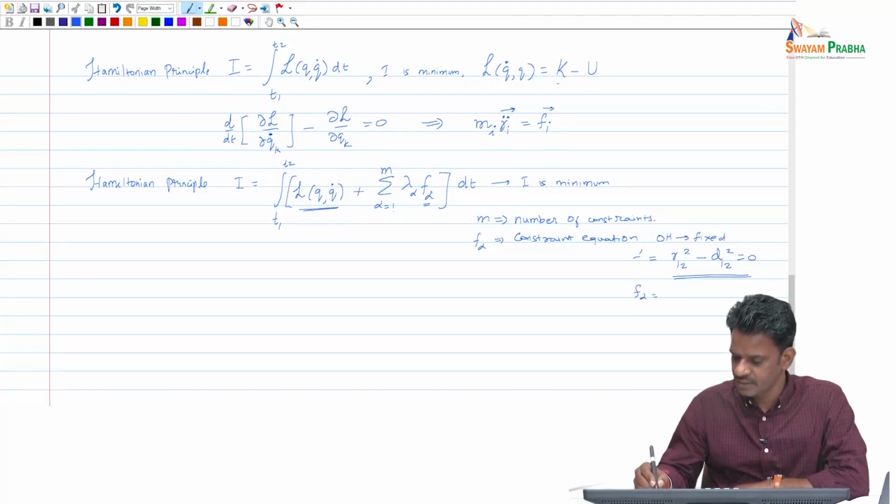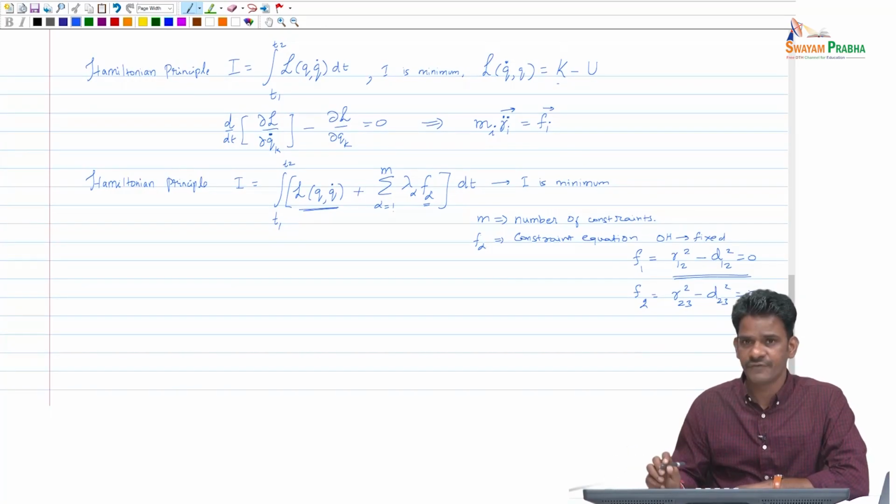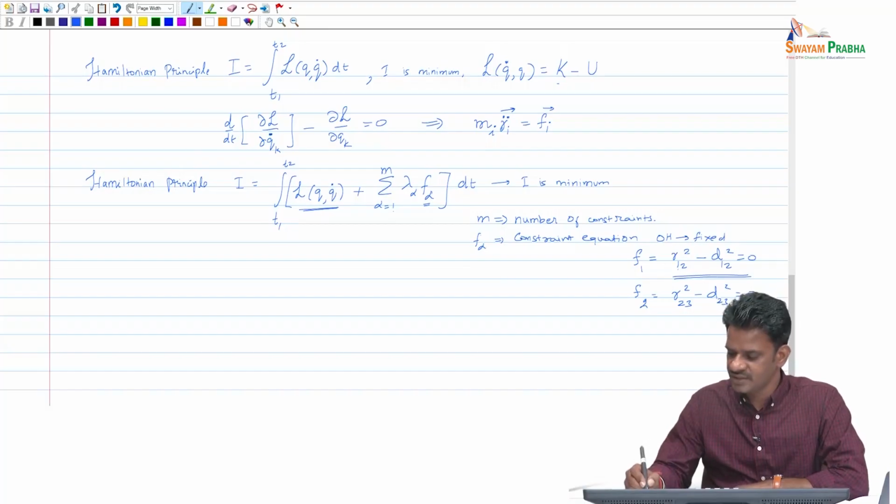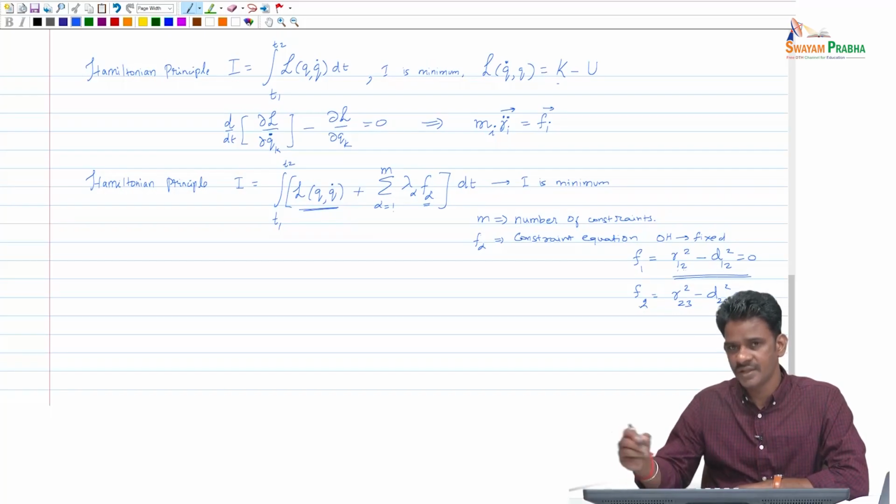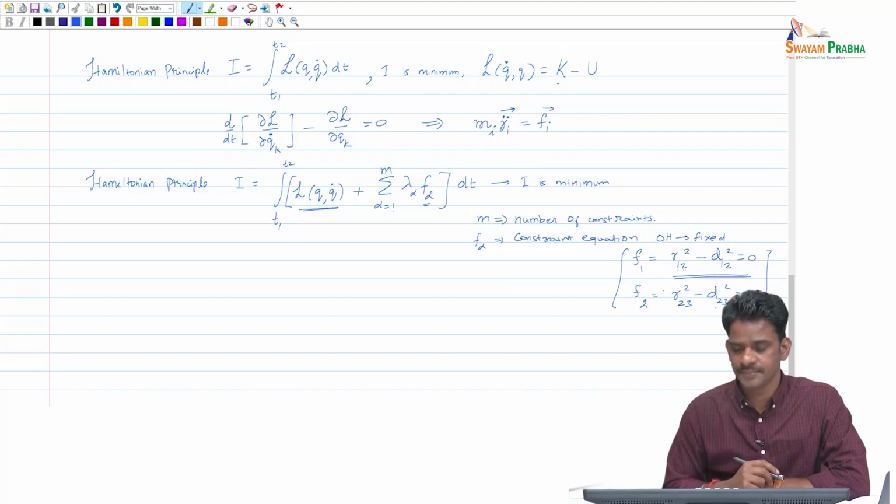Let me write, this is 1 and this is 2. So, what we want is that at any point of time in the simulation, we want the distance between atoms 1 and 2, which is O and H, to be equal to a constant value, which is the equilibrium bond length D12. Similarly, the other OH bond, which is given by R23, that distance should also be equal to a constant value, which is D23. So, now these functions are basically the constraint functions, and for a given system you can write n number of such constraints as much as you want.